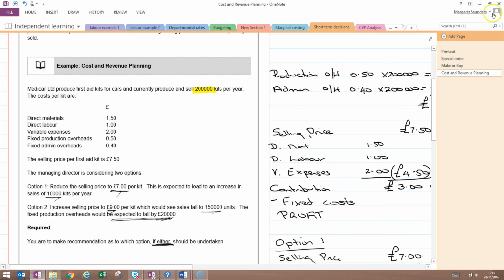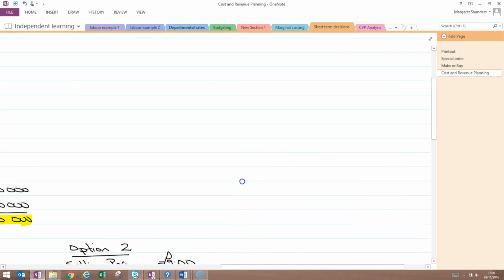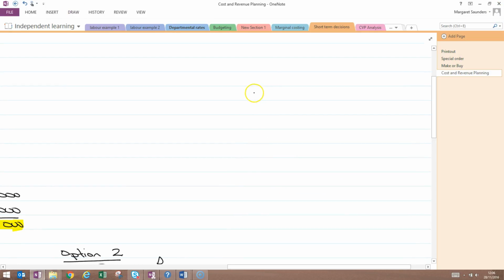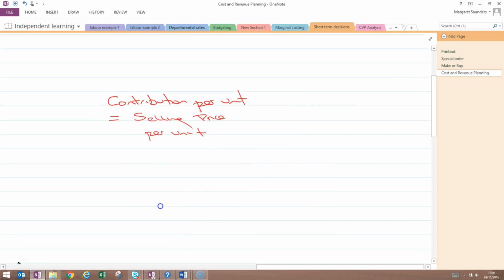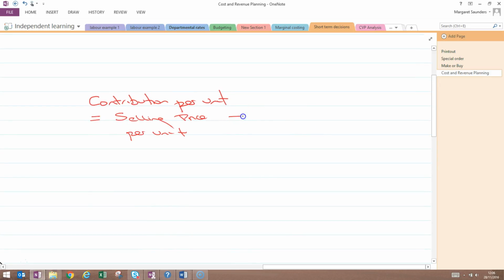So if I just make a note of that, so we've got contribution per unit is equal to the selling price per unit minus variable cost per unit.